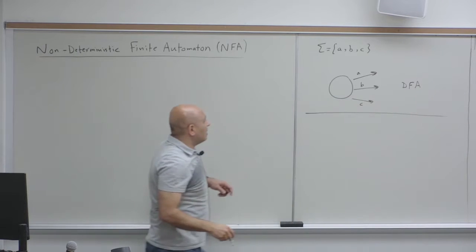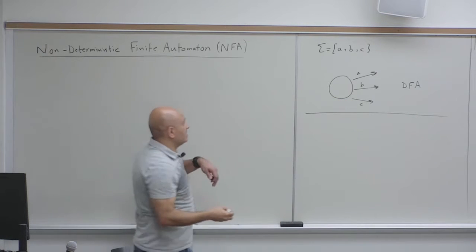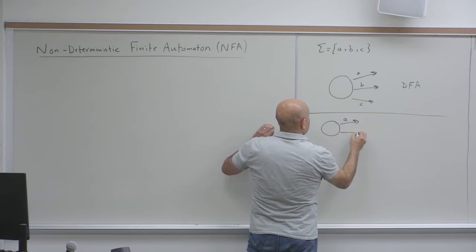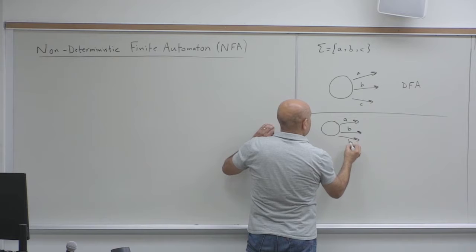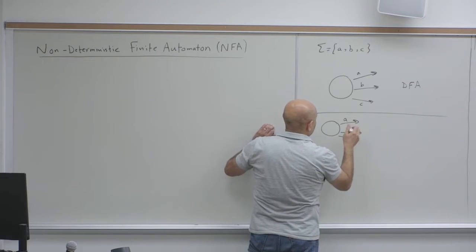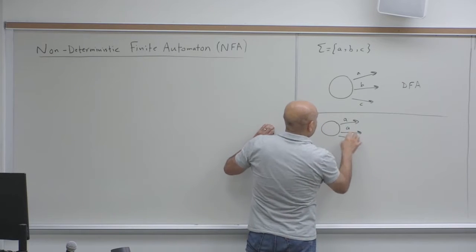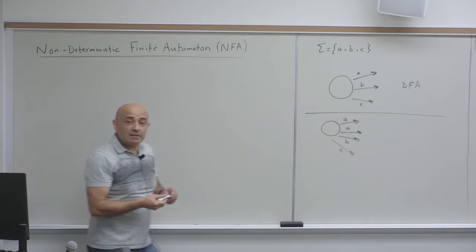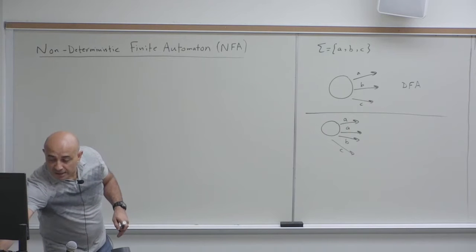Possible violations are having multiple transitions for the same symbol, like A and then another A, and then B and C. So here, this is not a DFA.